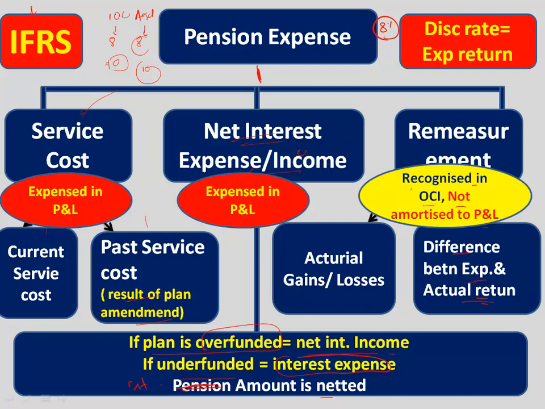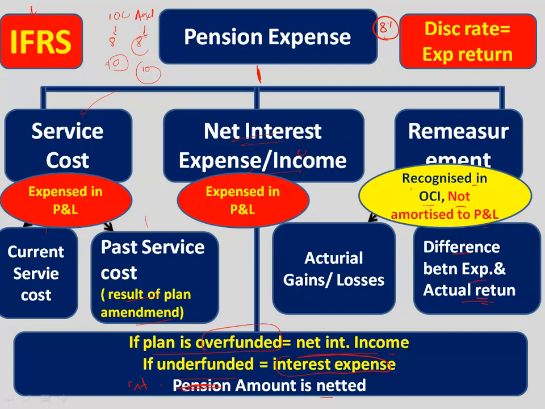Because I have a pension liability, I have an interest cost. Because I have a pension liability, I have an asset, and on that asset I have an interest income. So, expected return on assets is not going to affect my liability in any way. It would affect only my assets. No, in fact, not even assets, only my pension expense.